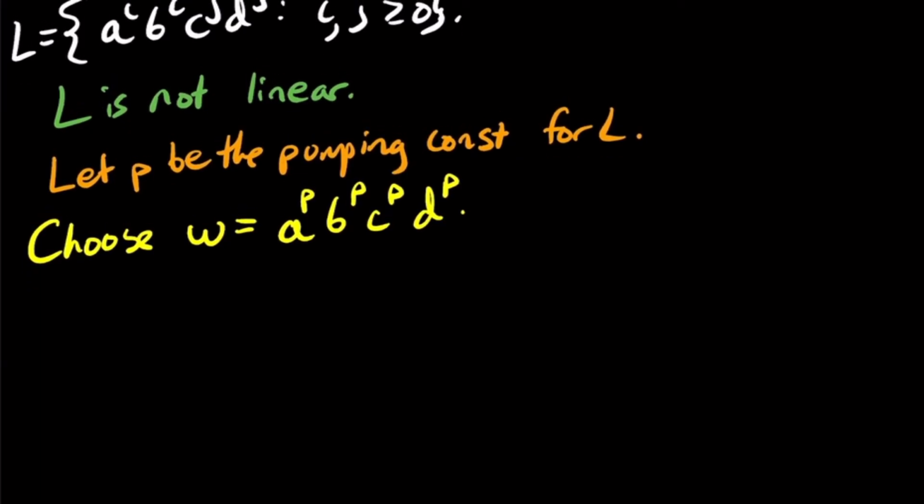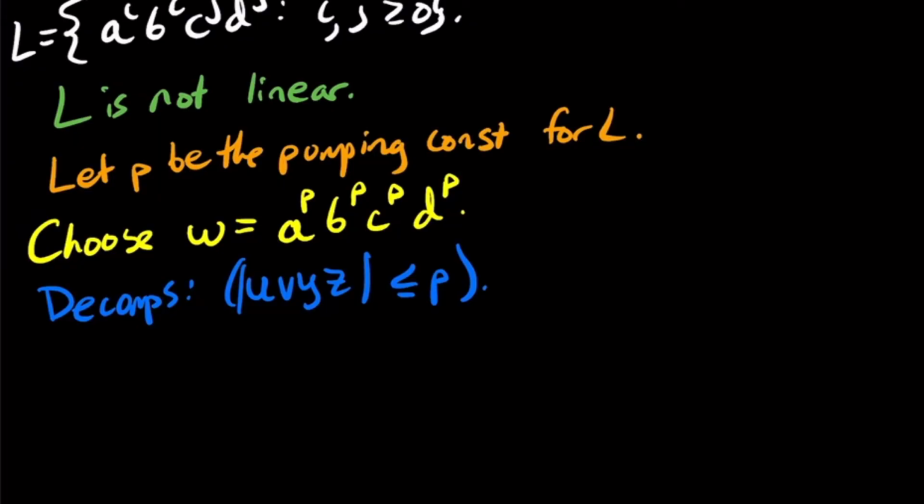Okay, so let's think about what the decompositions look like. The important thing to realize here is that the length of u, v, y, z, not x, y, it's y, z. So the first 2 pieces and the last 2 pieces are at most p here.